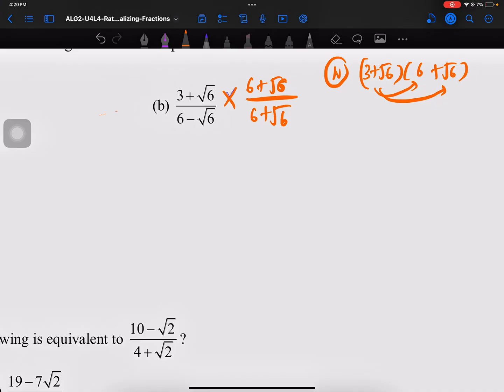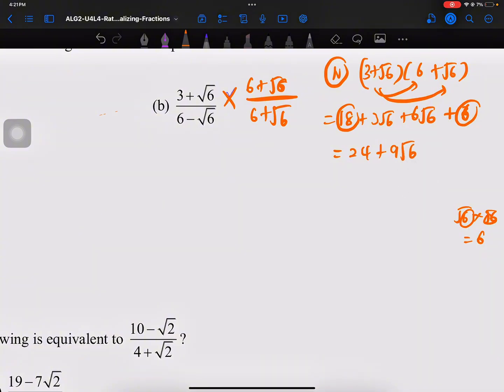It will become 18 plus 3√6 plus 6√6 plus 6, because √6 times √6 is the same 6, so it will be 6. Now I add the numbers with numbers, so it is 24 plus 3 plus 6, which is 9√6. So on top, this is our final answer for the numerator.